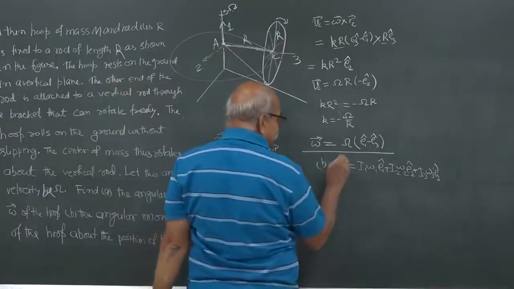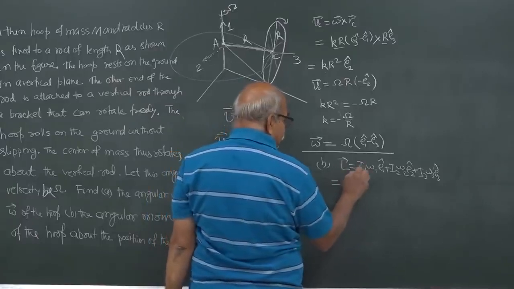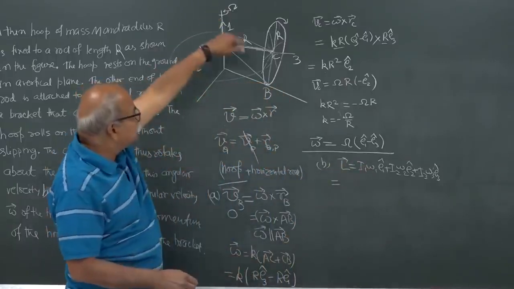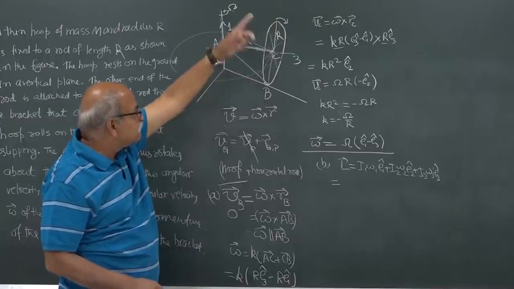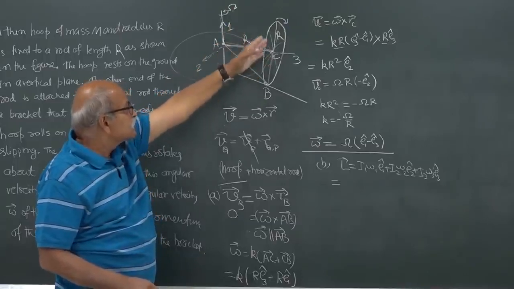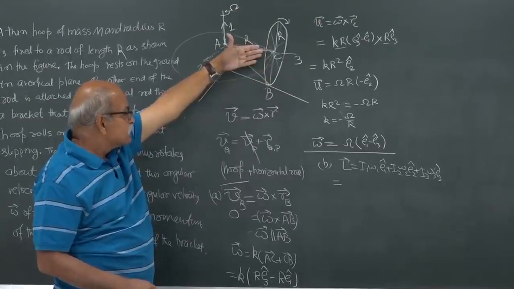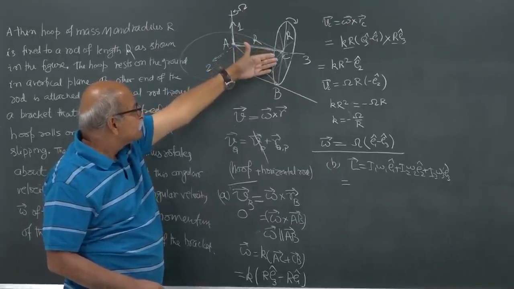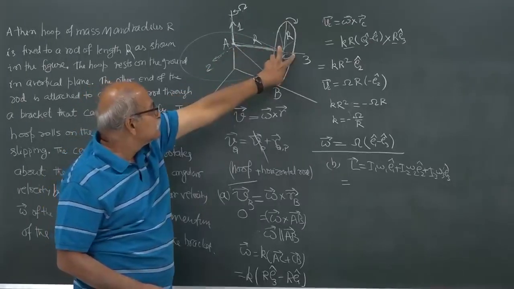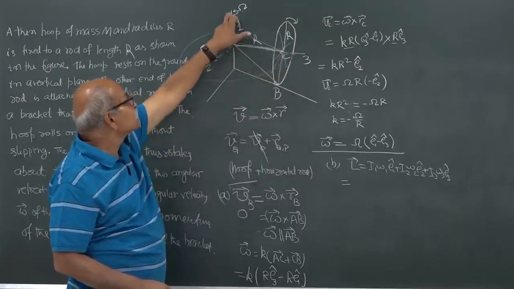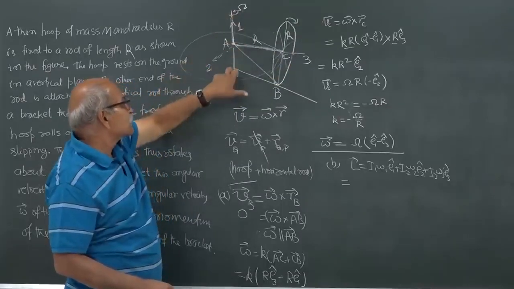So, this is L. In our case it is I1. So, if it is a hoop, whole mass is concentrated on the periphery and the radius is capital R, mass is m, and therefore I1, what is I1? I1 is the moment of inertia of this with respect to one axis, and the axis is here, this is one axis.